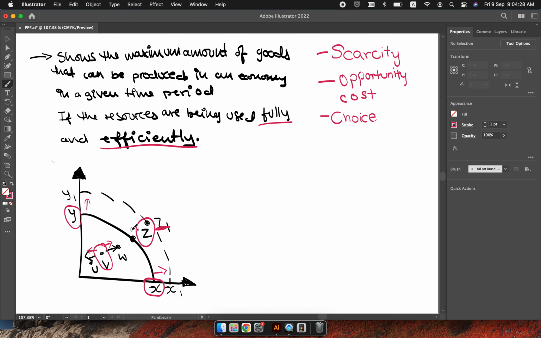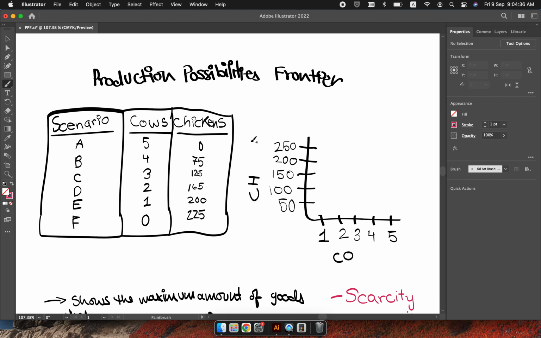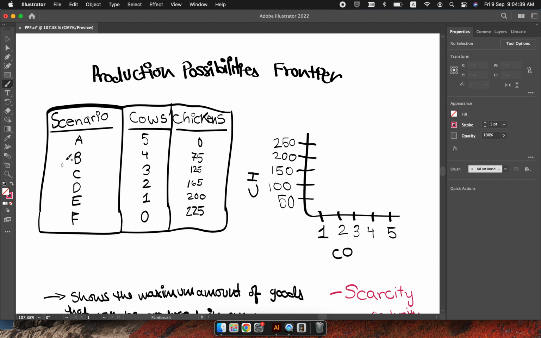So now that we understand the different parts of a production possibility curve, let's try an example. So here I have made a table with 6 scenarios, and in our scenario, our good Y is going to be chickens and our good X is going to be cows. So let me just write it here. This is going to be good Y and this is going to be good X. Okay.